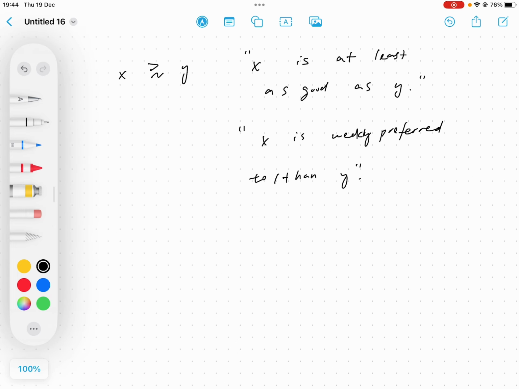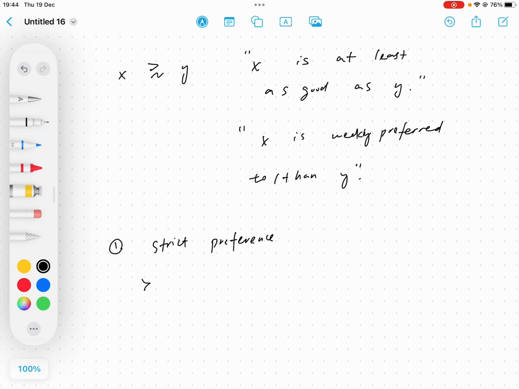All right, and using this weak preference relation, then we can define two other things. Okay, and one is called strict preference, another one is indifference. So a strict preference relation is written as this. So this would be similar to the greater than sign, right? Those are just the analog of those signs.